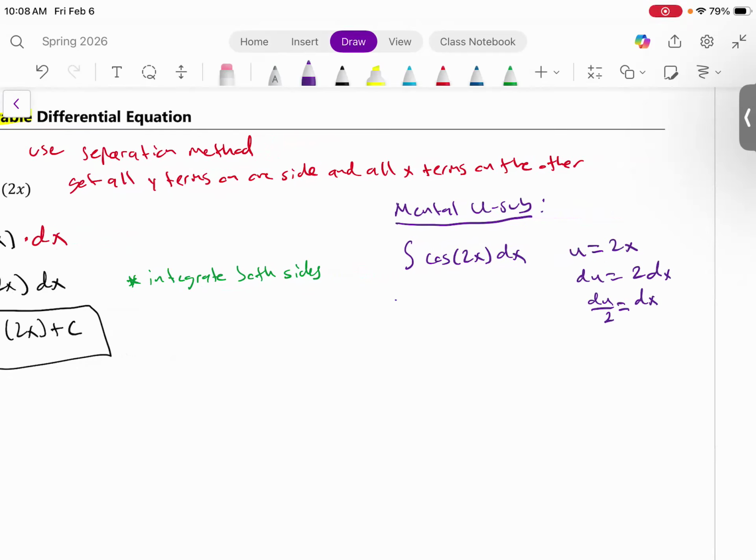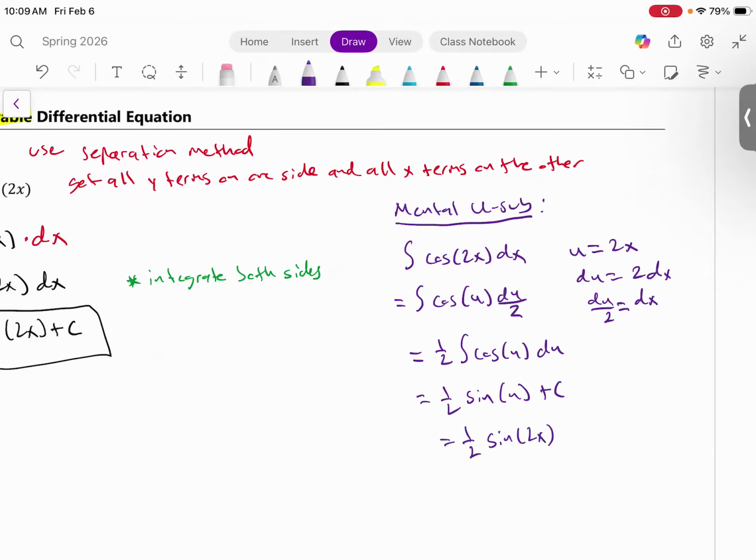So my u substitution would be cosine of u du over 2. Let me move the 1/2 to clean it up. The integral of cosine of u du would be 1/2 sine of u plus c. And we plug back in our u, so 1/2 sine of 2x plus c.